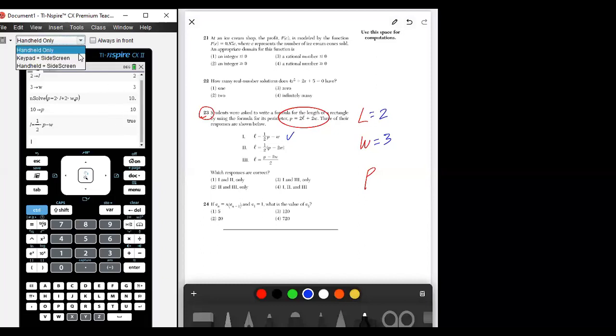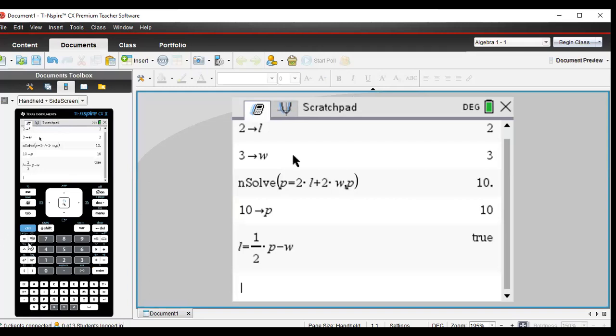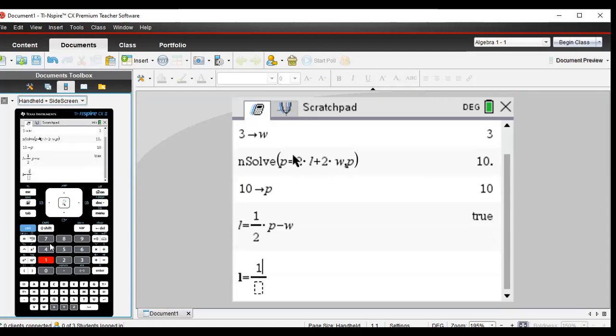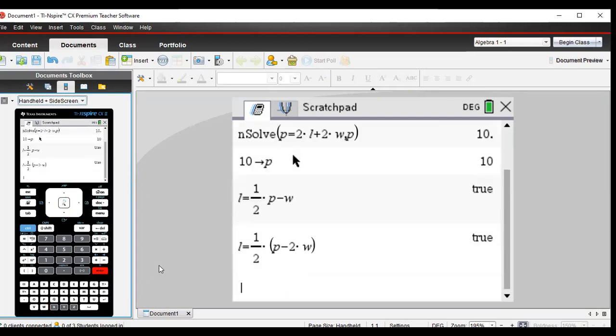Now I'm going to check the second one and the third one. The second one is L equals 1/2, control divide, 1/2. And then this is going to be parentheses, P minus 2W, close the parentheses, press enter. I got another true. So I can check the second one.